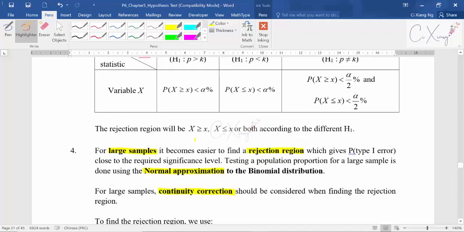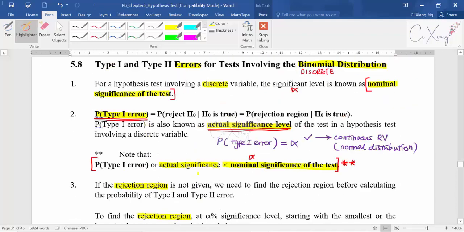For now, this is something very important. Make sure that you know the meaning of actual significance level and the meaning of nominal significance of the test. There's a relationship here: the actual significance level is smaller or equal to the alpha that is usually given in the question.